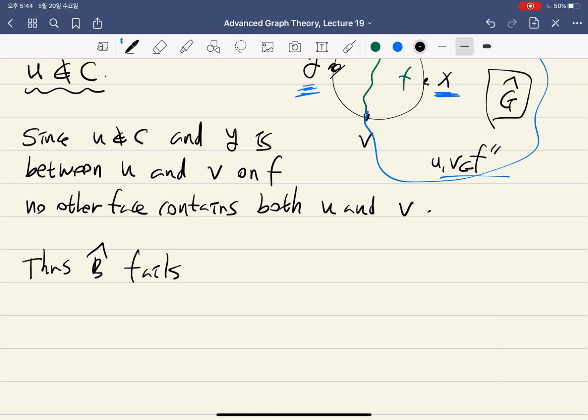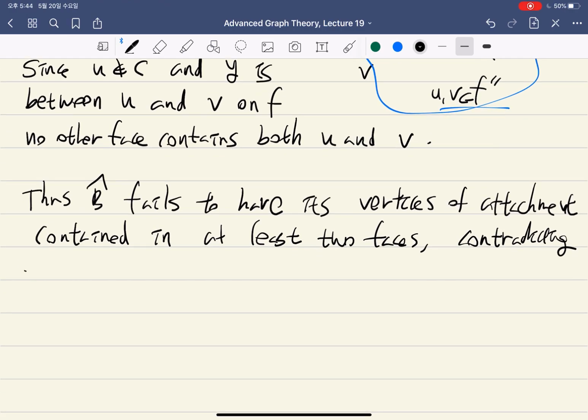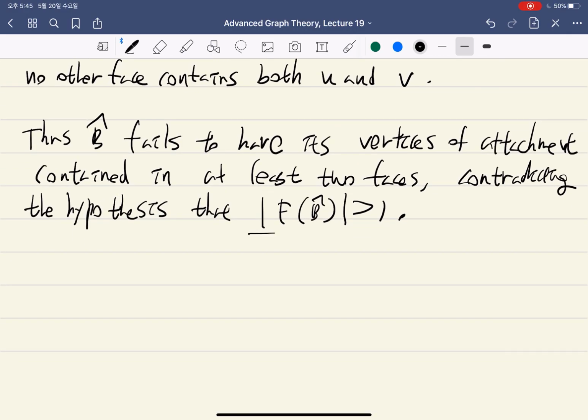So this fails to have its vertices of attachment contained in at least two faces, contradicting the hypothesis that this is always bigger than 1. This is bigger than 1 for every fragment. That was our assumption. So this proves the theorem.